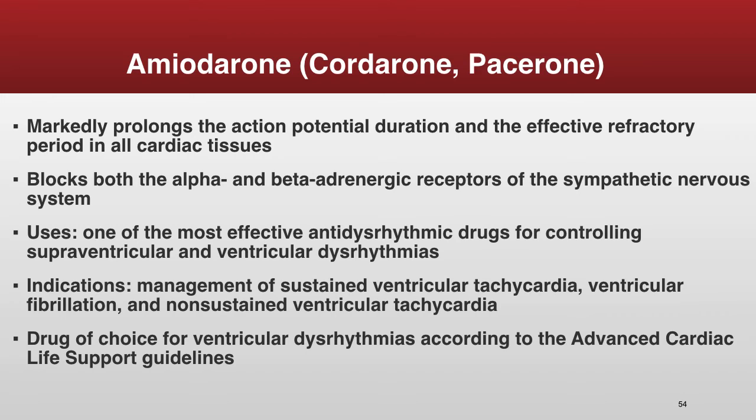Its indications are for the management of sustained ventricular tachycardia, ventricular fibrillation, and non-sustained ventricular tachycardia. It is the drug of choice for ventricular dysrhythmias according to advanced cardiac life support guidelines.